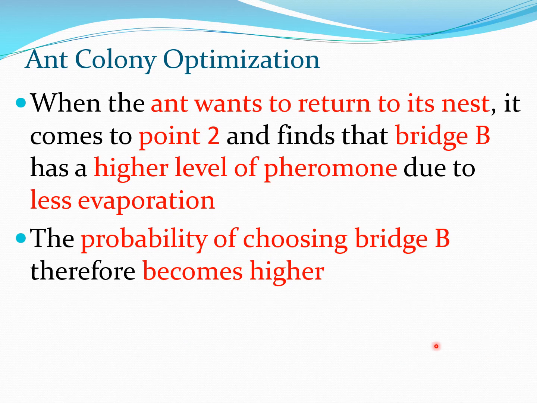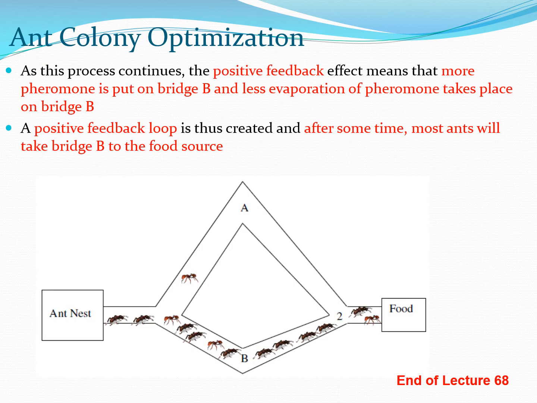So when the ant wants to return to its nest, it comes to the point 2 just before the food source and finds the bridge B has a higher level of pheromone due to less pheromone vanishing. Therefore, the probability of choosing bridge B becomes greater. And this process continues.